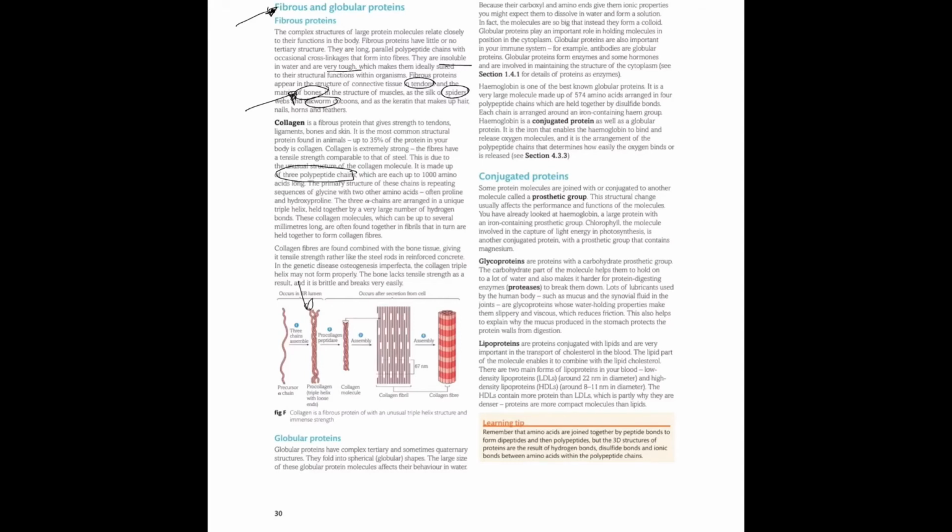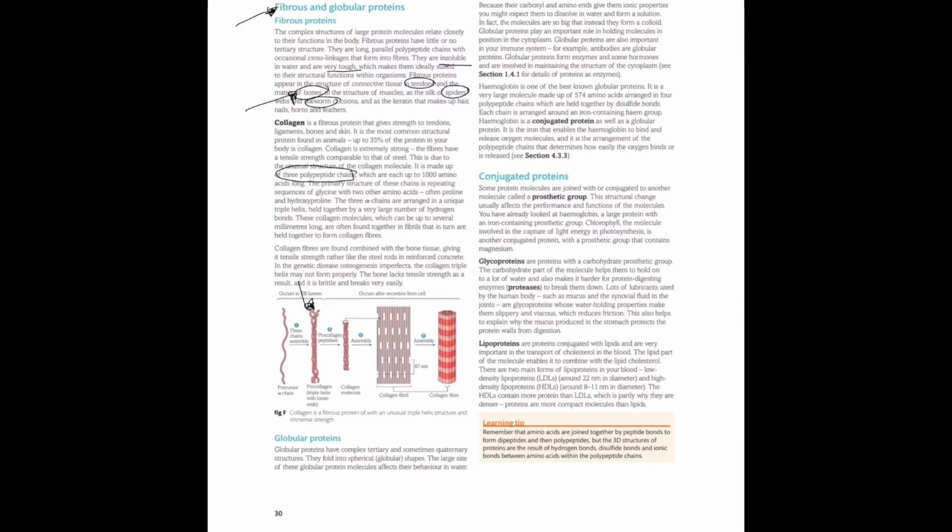So this is what they look like. Triple helix, held together by a very large number of hydrogen bonds. So the helixes are held together by hydrogen bonds. These collagen molecules, which can be up to several millimeters long, are often found together in fibrils that are in turn held together to form collagen fibers.